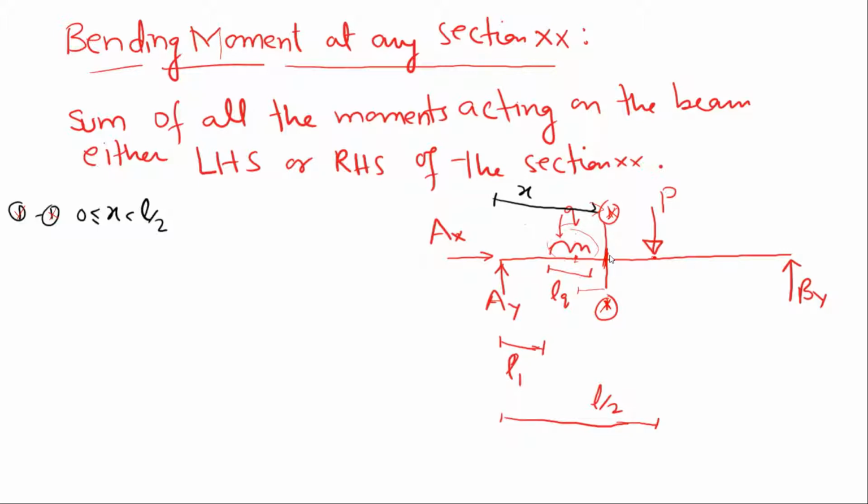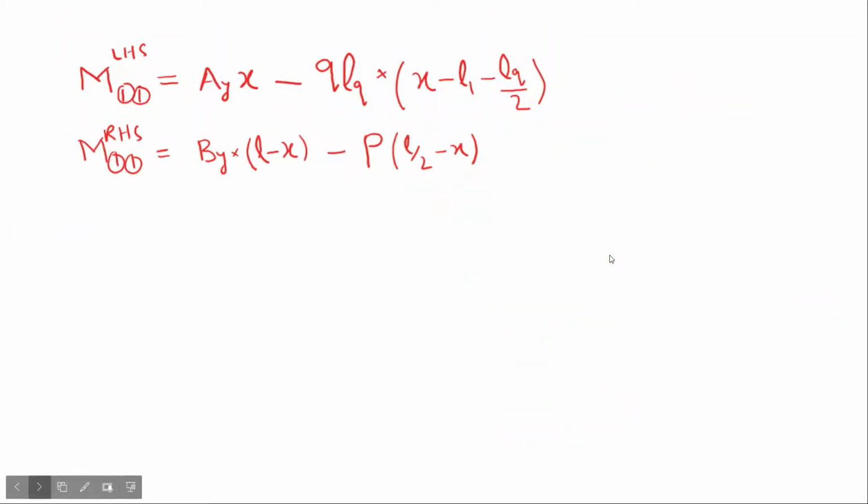So the moment at 1-1 would be AY into x minus q into lq, the transverse force, multiplied by x minus l1 minus lq by 2.